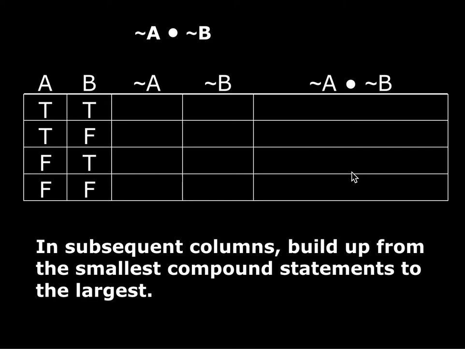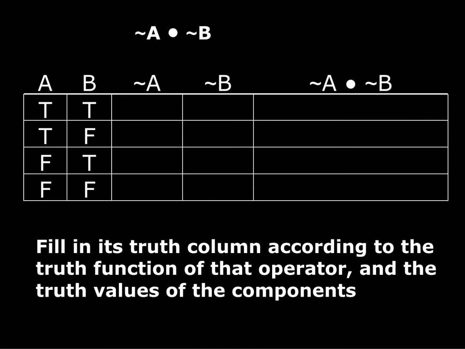Now we're just going to fill out the truth columns for all of these compound statements, and then we're done. How do we do that? I'm going to walk through every single cell in this table one by one so that everyone knows how to do this.